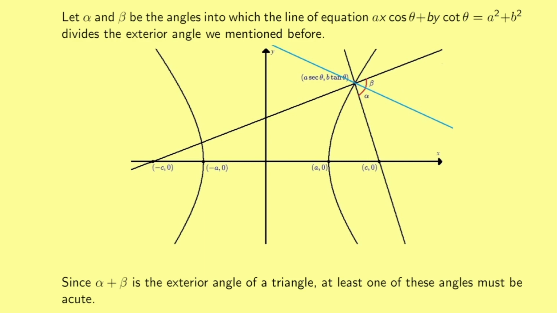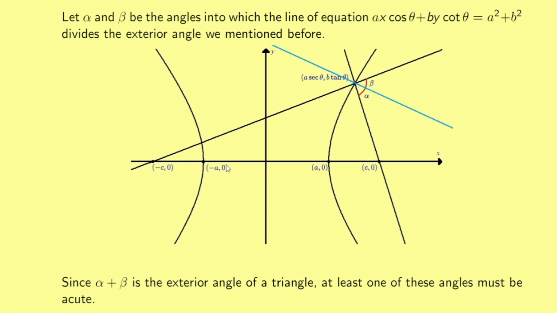And the tangent of pi minus beta would satisfy the equation using the slopes of the lines. But now recall that the tangent of pi minus beta is minus tangent of beta. So we have a relation between these angles and the slopes.